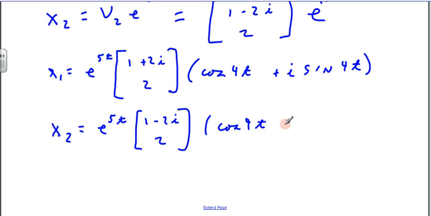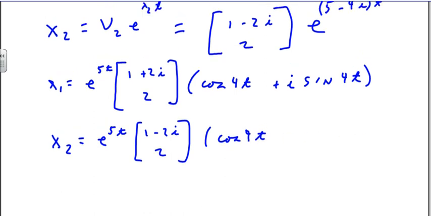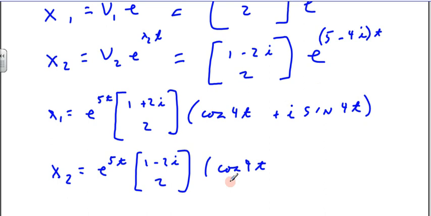Now, the cosine of minus 4 is the same as the cosine of plus 4, because cosine is an even function. The sine of minus 4 is minus, so I'm going to have a minus i sine 4t sitting there, because the sine function is odd.